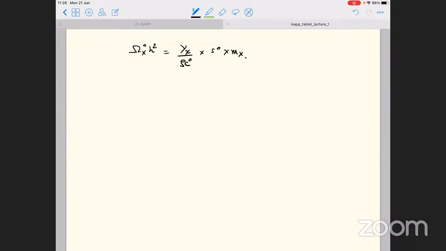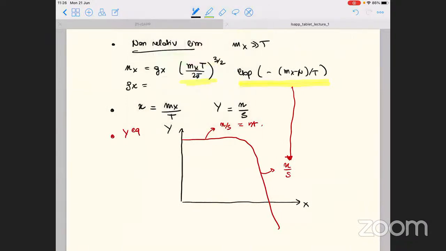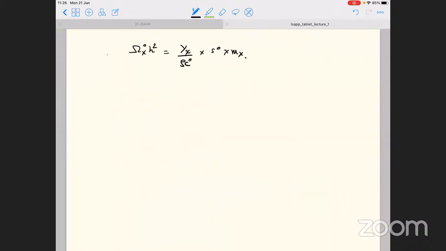I'm assuming that dark matter is non-relativistic today, and this I forgot to write explicitly. Rho chi for a non-relativistic dark matter particle is n chi times m chi. So if you divide rho chi by the entropy density today, this is how you end up with this expression for the relic abundance of dark matter in terms of the co-moving number density at the time of production.